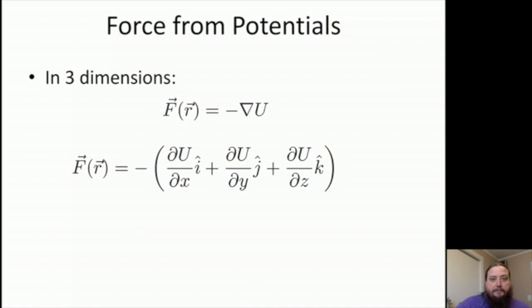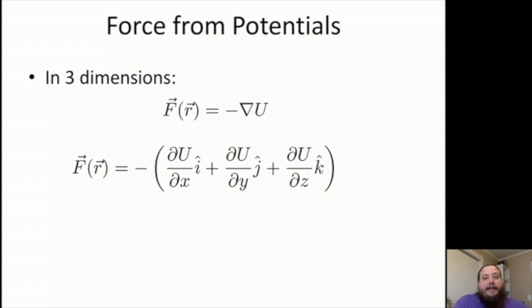to that same direction. We could write this in 3 dimensions, and here we introduce a new notation, a new symbol, this upside down triangle, which gets called the gradient operator. And so we say that the 3-dimensional force vector f, which is a function of position r, is minus the gradient of the potential energy.